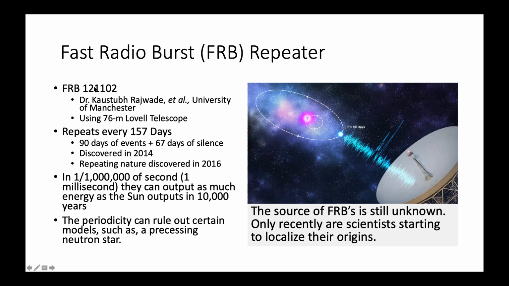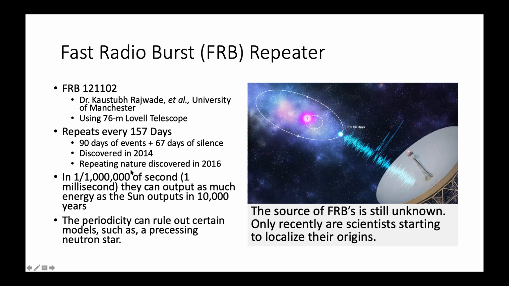And this particular one here, which is 121102, is a repeater that repeats every 157 days, where you have 90 days of activity and then 67 days of silence. It was discovered in 2014, but its repeating nature wasn't discovered until 2016.